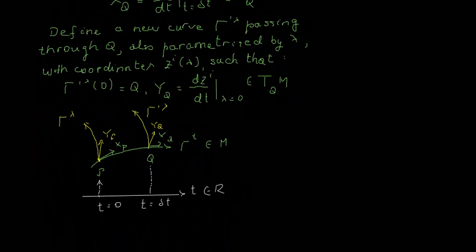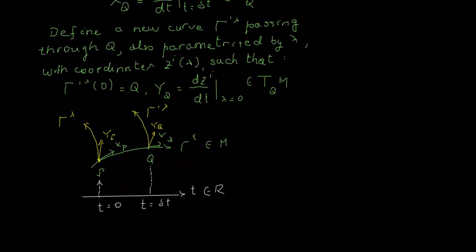So then you define, in this case, a new curve, gamma prime, passing through Q, also parameterized by lambda, whose coordinates now are z^i, such that, you see, this curve, the yellow curve over there, at 0 passes through the point Q at t equal to delta t.